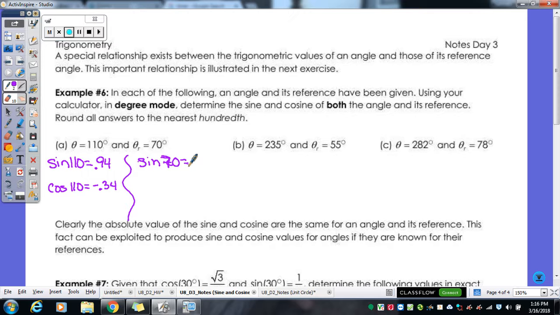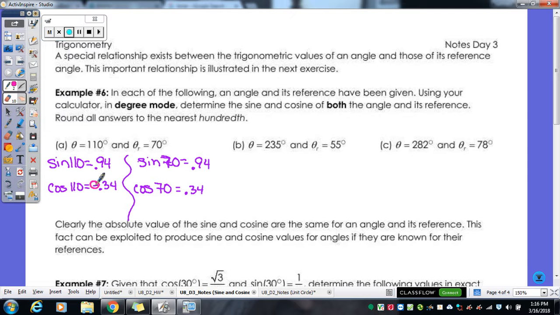What do we get? 0.94. And cosine of 70? 0.34.